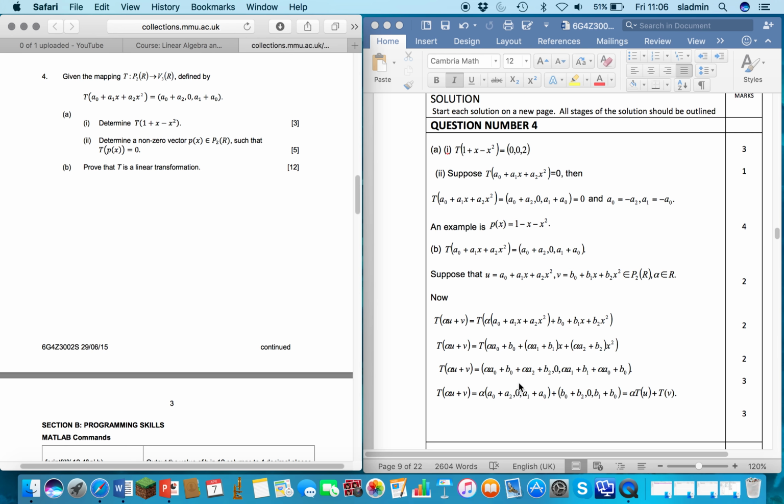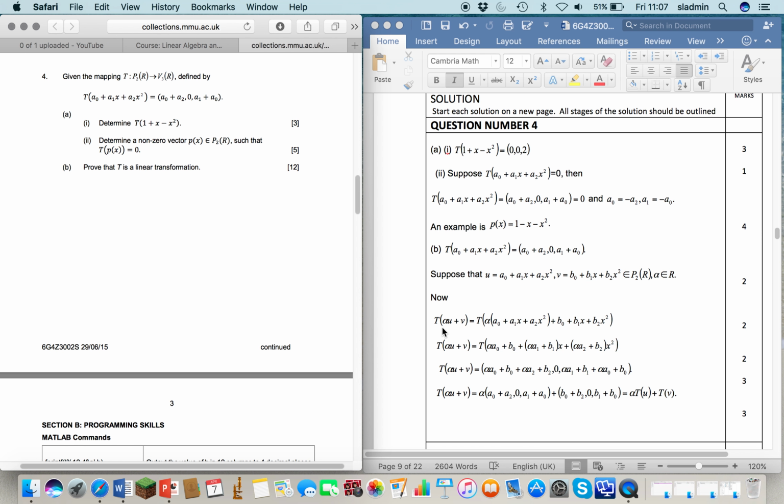You should be able to see that you can split this vector into these two vectors. So this is true. Therefore, we've proven that T of alpha u plus v is equal to alpha T of u plus T of v for general vectors u and v in P2R. That concludes the solutions to question number 4.